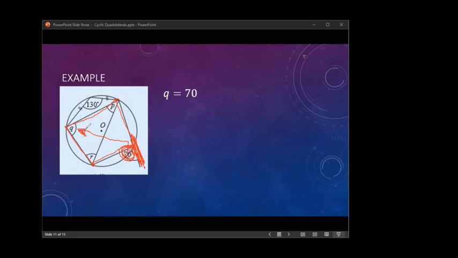We have the internal opposite angle as Q. So we can directly write Q is equal to 70 degrees. I hope you got that now.